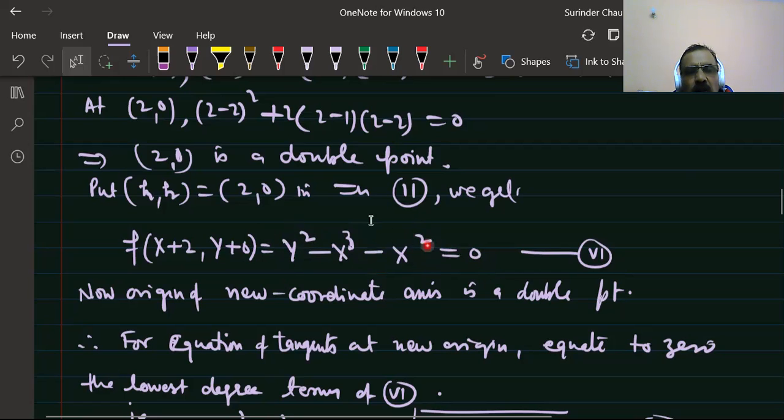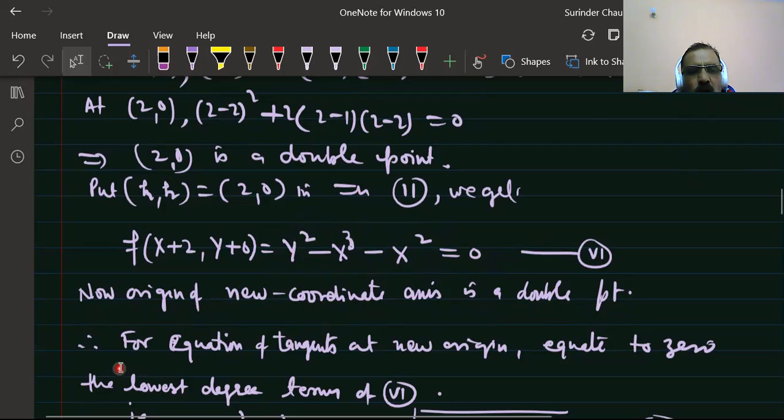Now this rational algebraic curve in the new coordinate axes passes through the origin. The origin of the new coordinate axes is a double point.